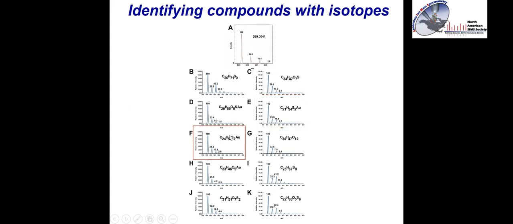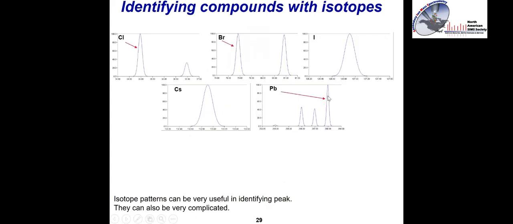And it turns out that in this case, this is an alkane thiol molecule on gold, and the correct identity is this gold thiol cluster that's very typical from self-assembled monolayers. So we can use the isotopes to eliminate potential matches and help us isolate down to what a good match would be.